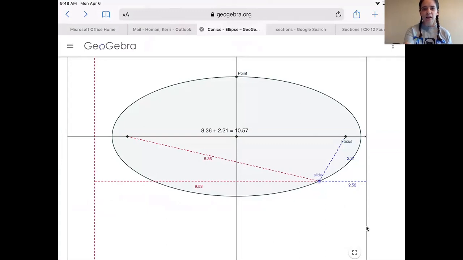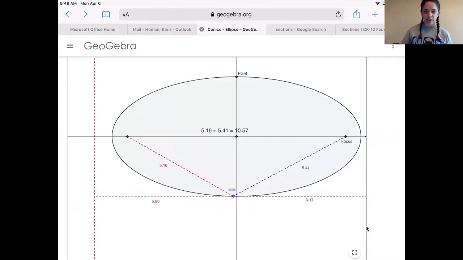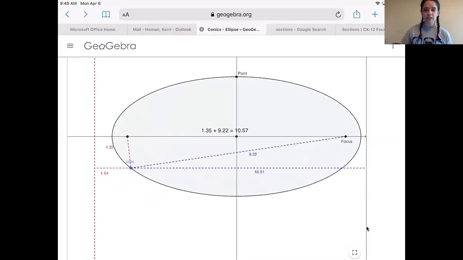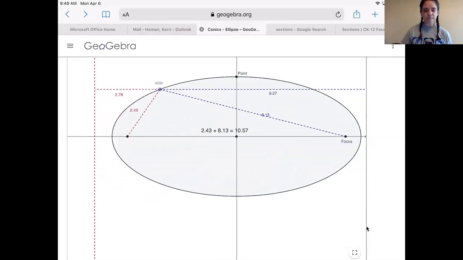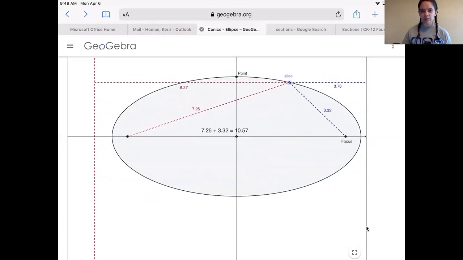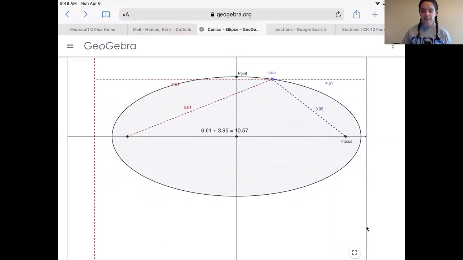That red dotted line is going from the focus to the point, and the blue dotted line is going from the focus to the point. Okay, and as I rotate this around, notice how that sum is always the 10.57. That number is not what's important. It's that it's staying the same.